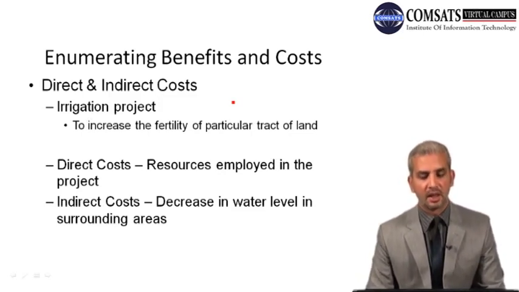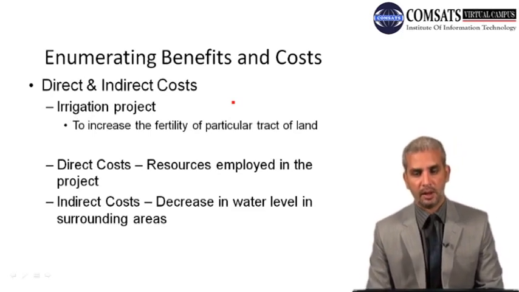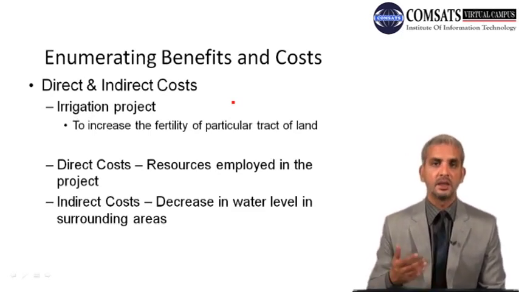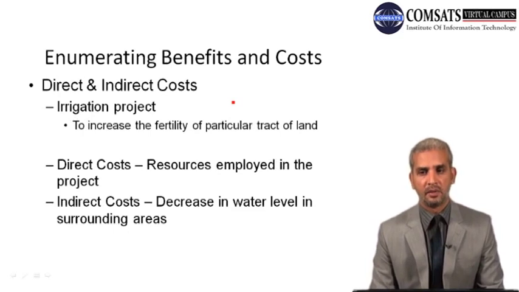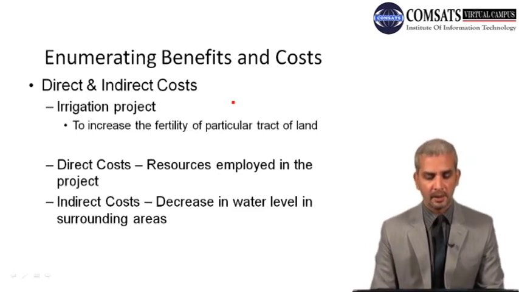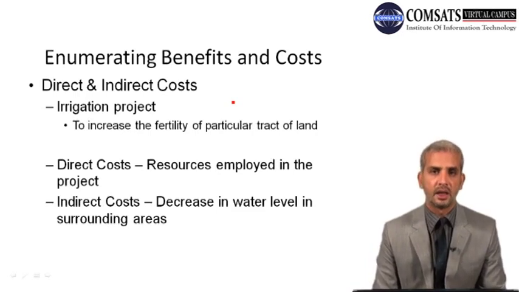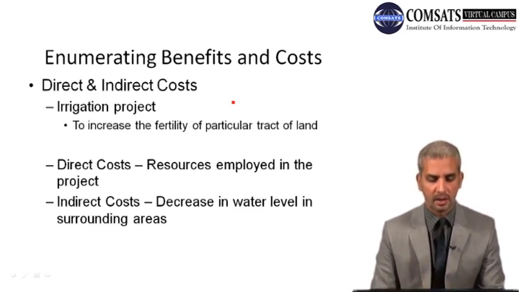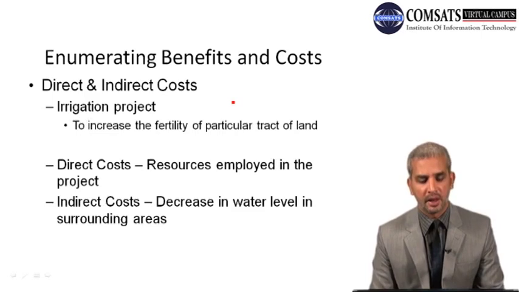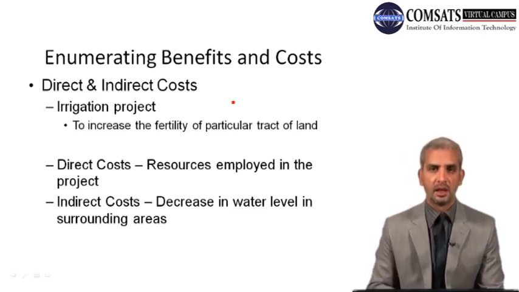So while considering the direct cost, resources employed in the project, for example, when taking up that irrigation project, we need to consider the capital employed while digging canals or digging an artificial lake or water reservoir for that area, and then we need to see the cost of acquiring the land on which that water reservoir or those canals are being built.